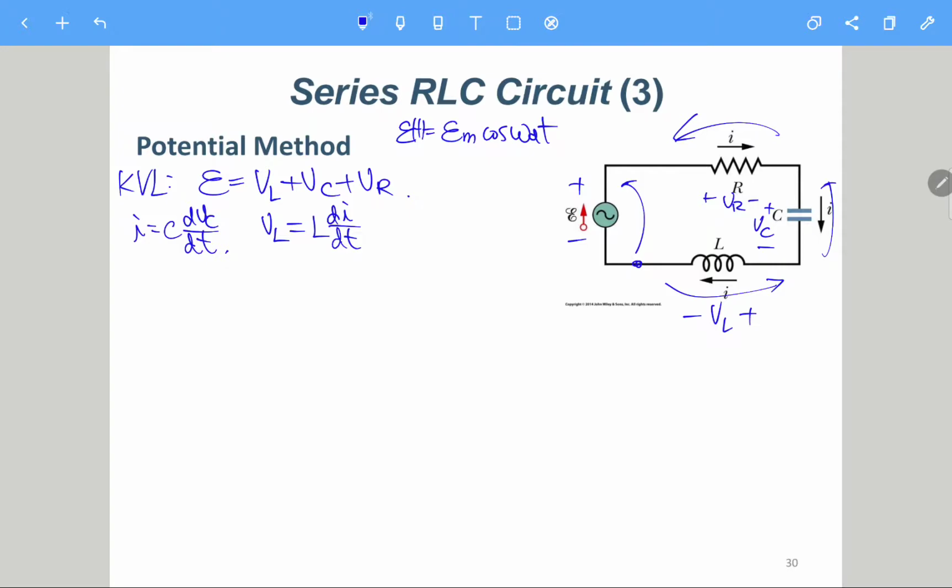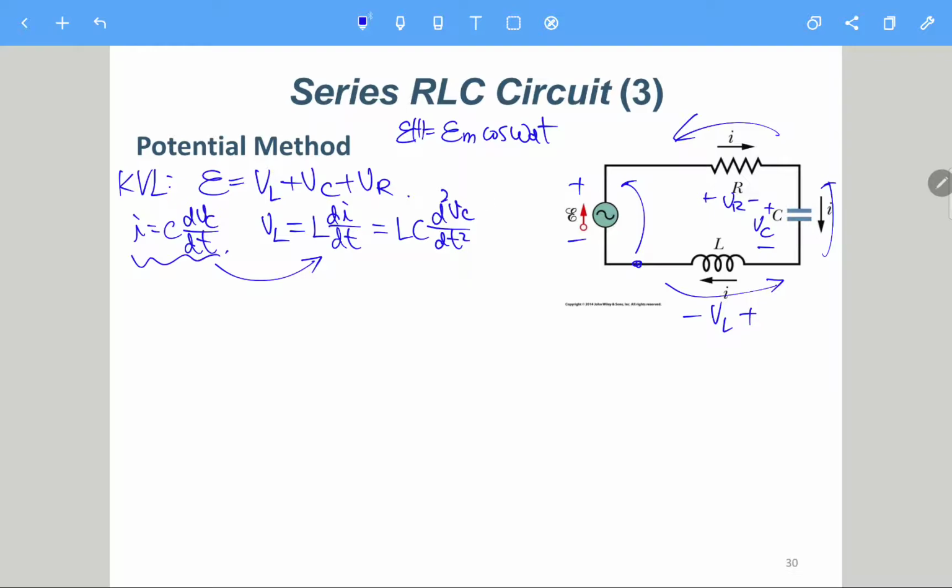So we can simply plug this equation into here. We have LC d2VC/dt2. Take the second derivative, we just plug this in, which means we take the derivative, and C is a constant. So we have L and C, and then the second derivative of VC.